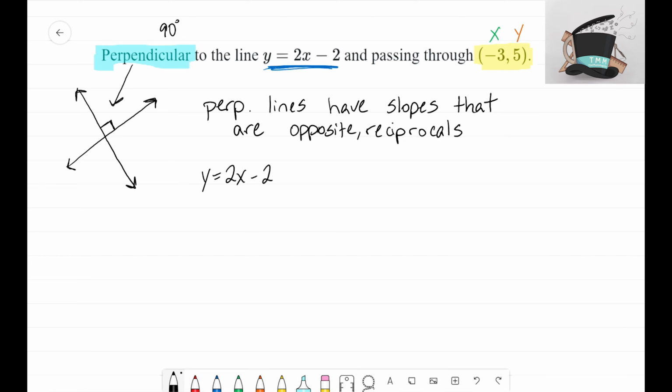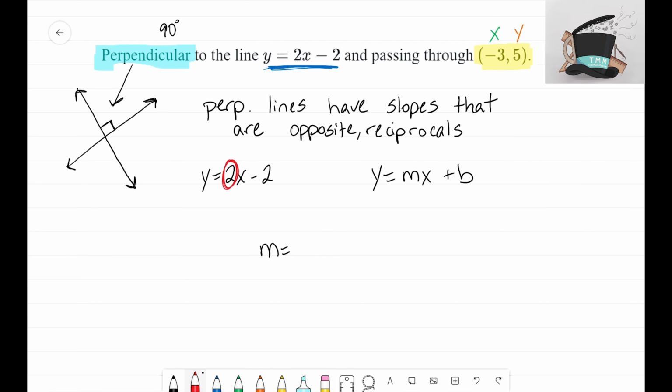When I'm creating my new equation, I'm going to have y = mx + b, the standard equation for a linear function. I know that this m is going to be the opposite reciprocal of this slope here.